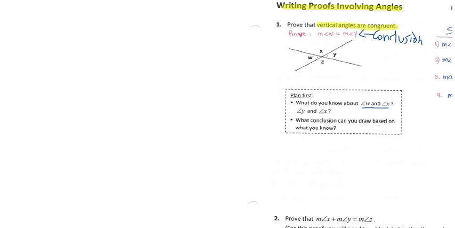So I know that these two form a line, and therefore together they add to 180. I'm writing that here in my plan. Measure of angle W plus measure of angle X is equal to 180. And we say that because they are a linear pair.